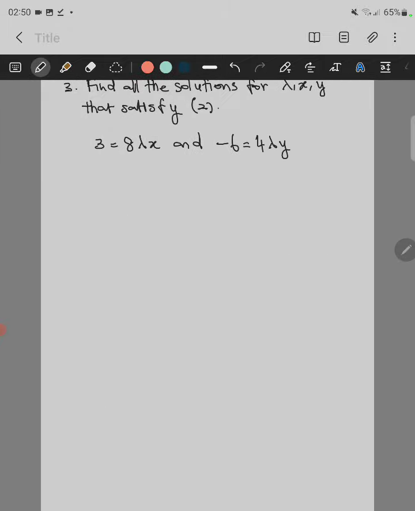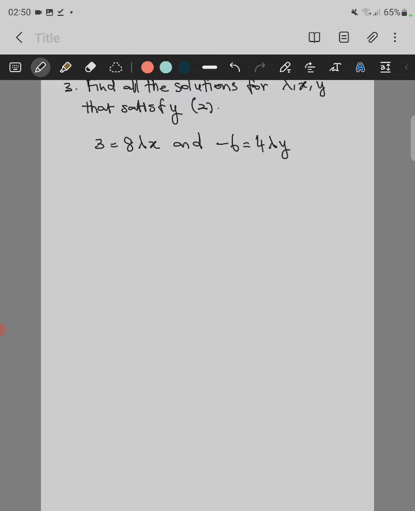Because of vectors, the i components should be equal to each other and the j components should be equal to each other. So from step number 2 we can say that 3 equals 8 lambda x and minus 6 equals 4 lambda y.